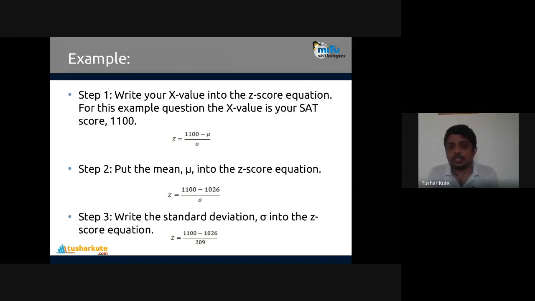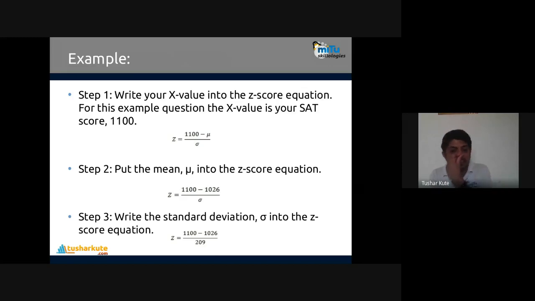In step number 2, we put the mean, mu, in the Z score. So 1100 minus 1026, where 1026 is the mean score of all. Then step number 3, write the standard deviation sigma into the Z score equation. So 1100 minus 1026 divided by 209.